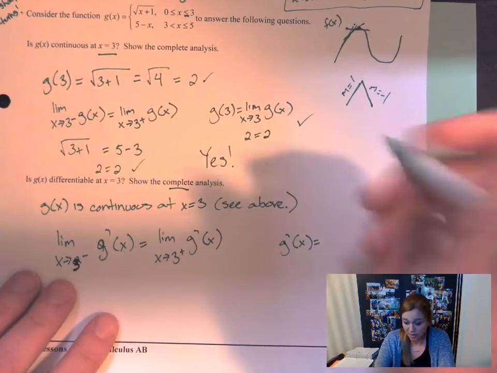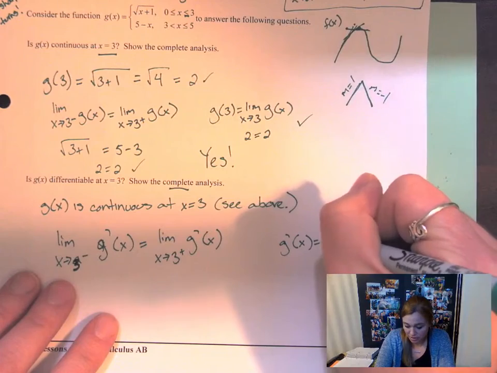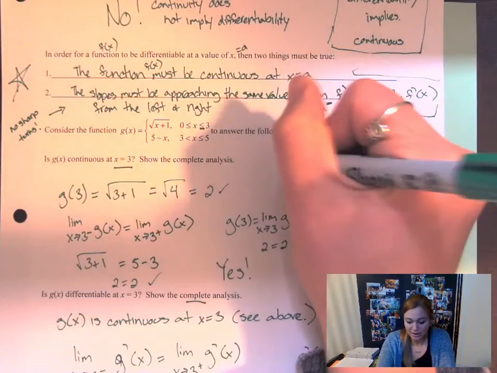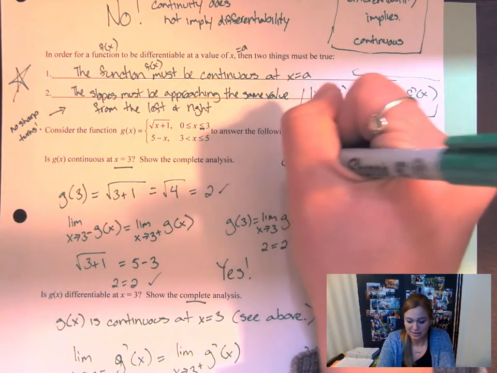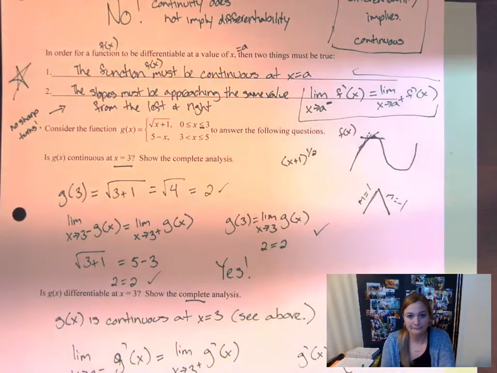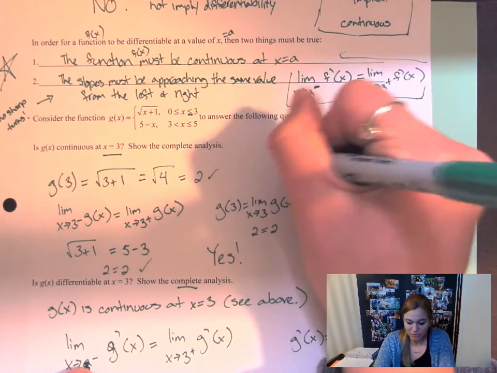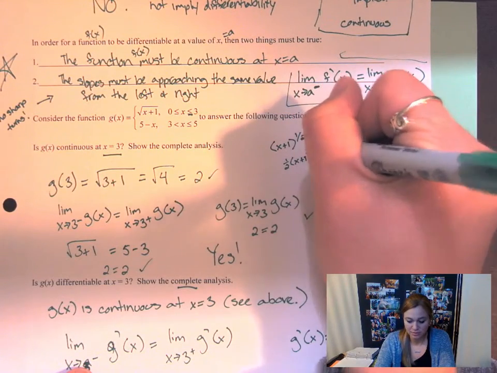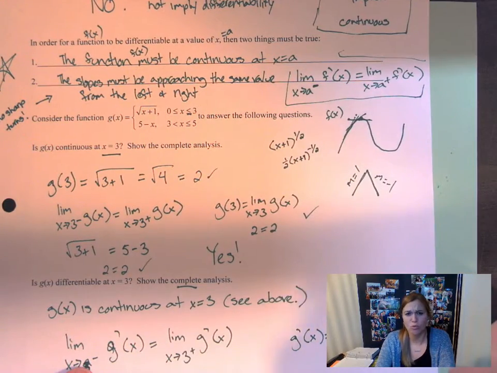So you're going to write g prime of x. You're going to make your own little thing over here. The square root of x plus 1 is the same thing as x plus 1 to the 1/2. If I took the derivative, I'm just doing this on the side, 1/2 x plus 1. My new exponent is negative 1/2. Wow.